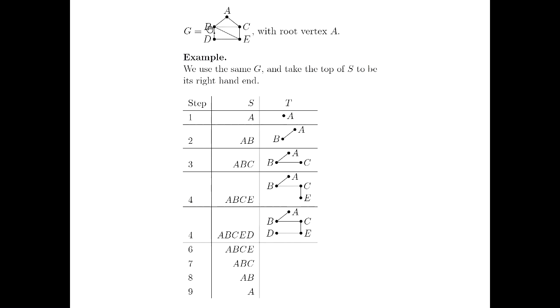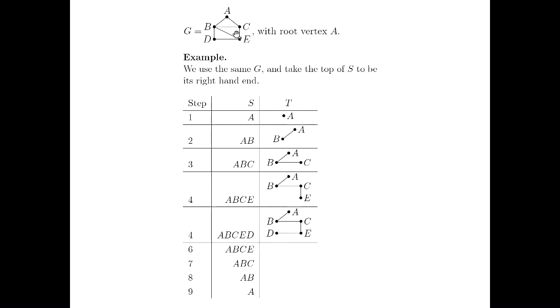Well, C, D, and E, but I'm going to go to C first because it's the first letter of the alphabet out of C, D, and E. So I go to it, and now C is the top of my stack. And then I think, where can I go from C that's new? Well, only E, right? I've already been to these places. So now I add E, E's the top of my stack.